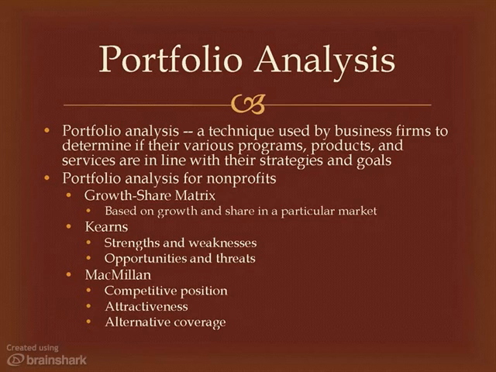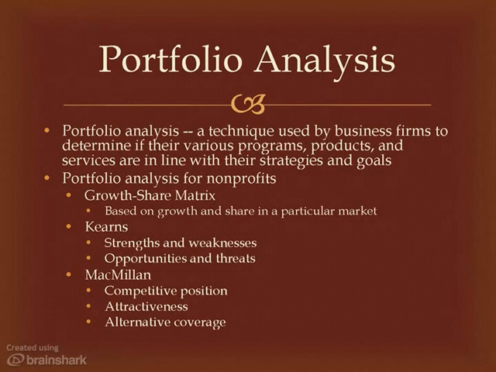And then the part about Kearns, which talks about the strengths and the weaknesses, the opportunities and threats, and Macmillan, where the focus is on competitive position, attractiveness, and alternative coverage. So these are different techniques that can be used by nonprofits in analyzing their portfolio to determine if their products, programs, and services are in line with the strategies and goals.